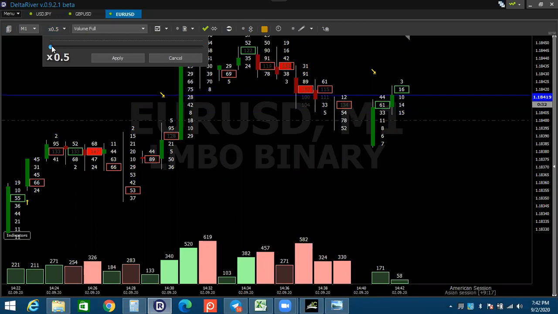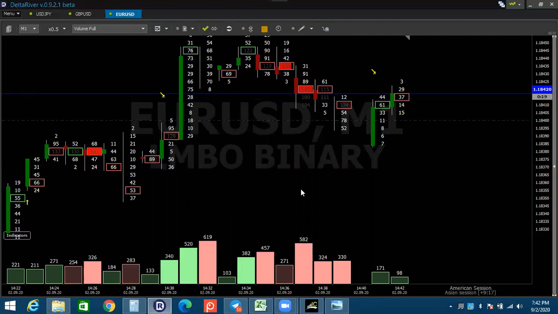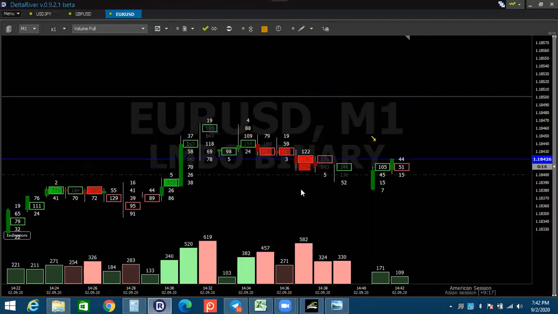But when I increase from 0.5 to 1, all the ticks will be compiled. Look, now it's looking very small, only 3 to 4 movements inside the bar. It means it's compiling with an X1 multiplier.